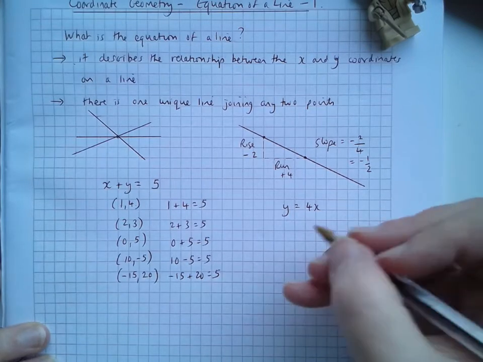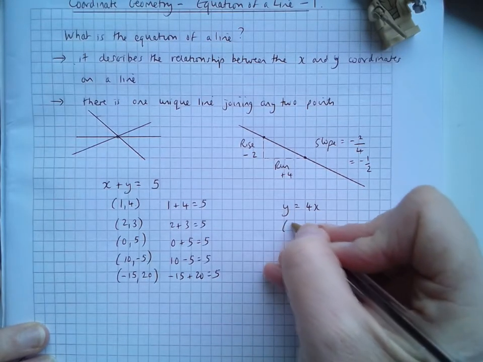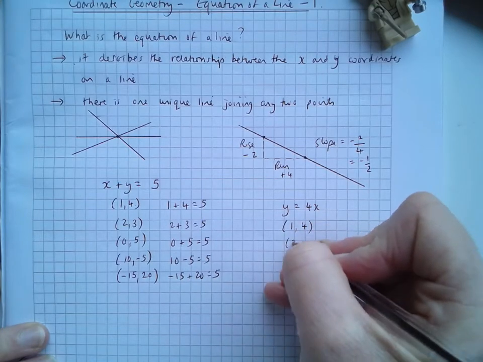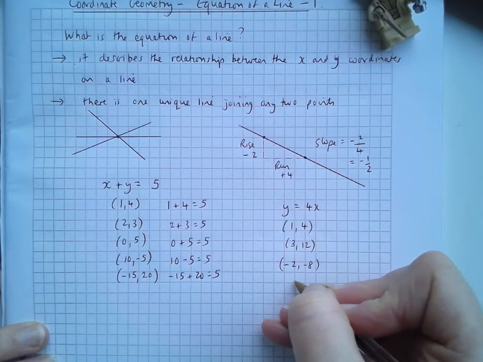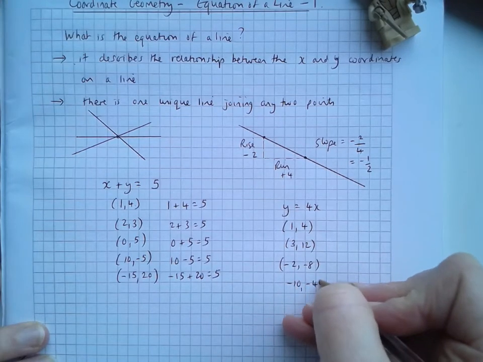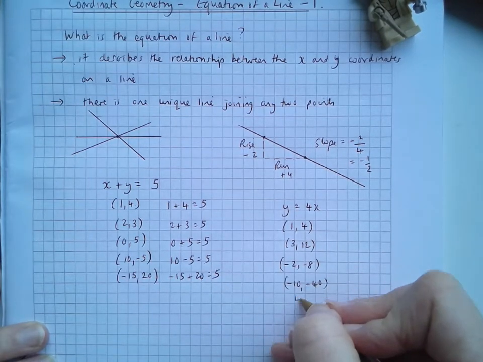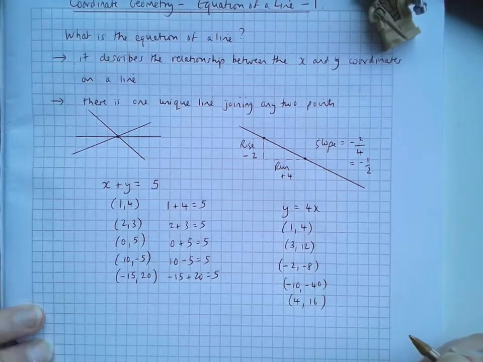Well, I can tell you that on that line are the points (1, 4), (3, 12), (-2, -8), (-10, -40), and (4, 16). Just 5 random points. Why is that?